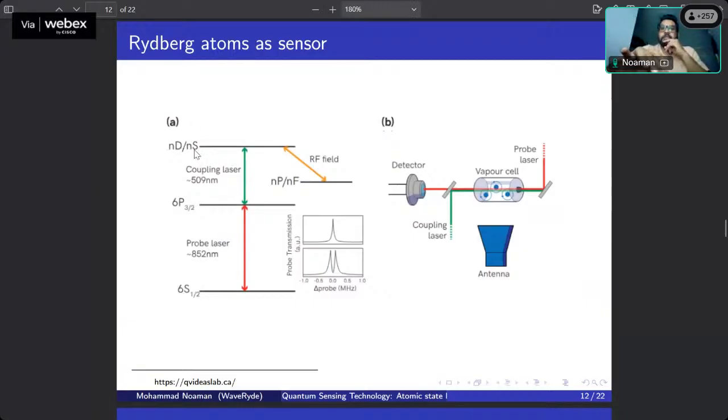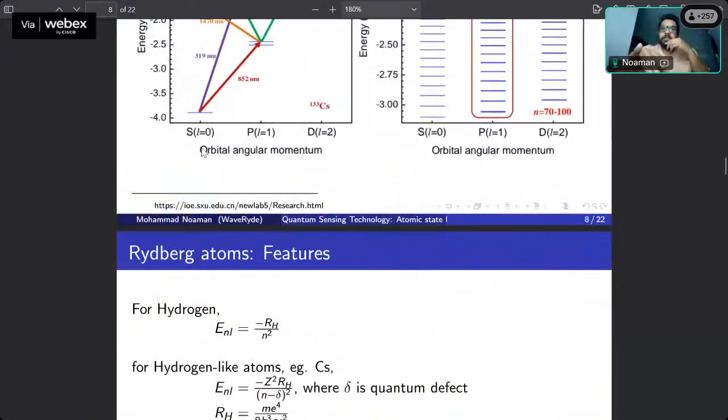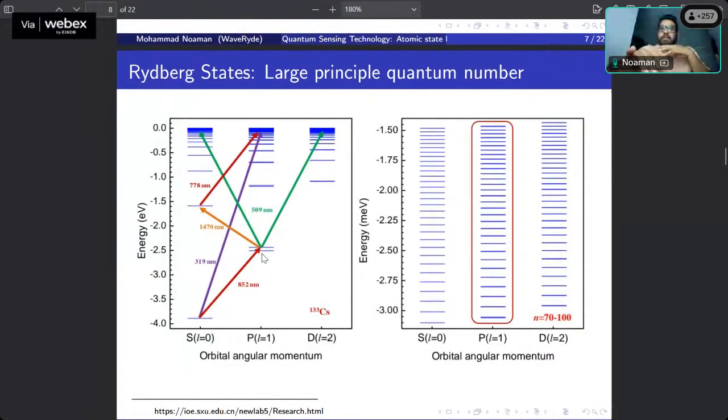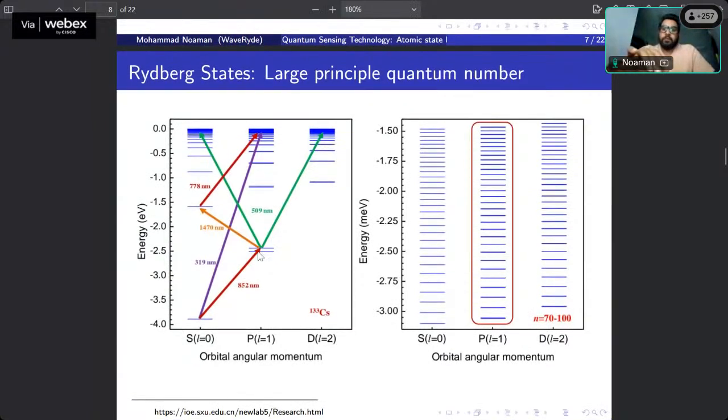And ND, NS is basically N is a very large number, like could be 60, 70, and S is also similar. So it's ND, NS basically means once you are in the 6S state, and this is 6P. From 6P, due to certain selection rules governed by quantum mechanics, you can only go this way or this way.